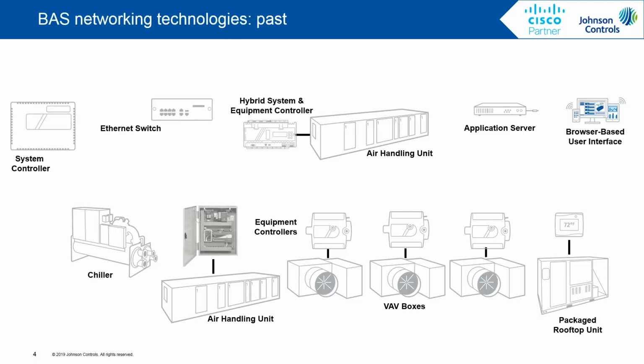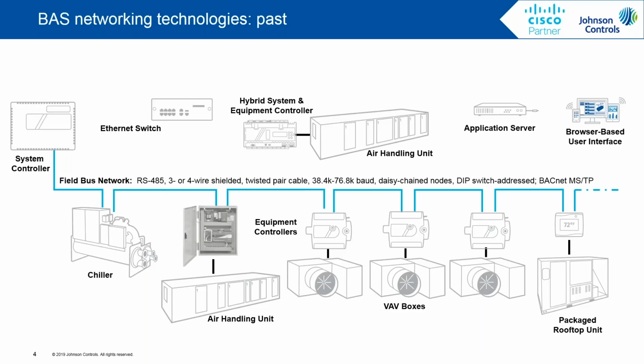Over the past 20-odd years or so, the most popular or most typical way to network the building automation system components together has been to use what I call a two-tier networking topology, with the equipment controllers typically being networked together using some kind of serial RS-485-based field bus network, using three-wire twisted pair cabling, talking either BACnet MSTP or Modbus RTU, or maybe LON FT, or even some proprietary protocol like the legacy Metasys N2 protocol.